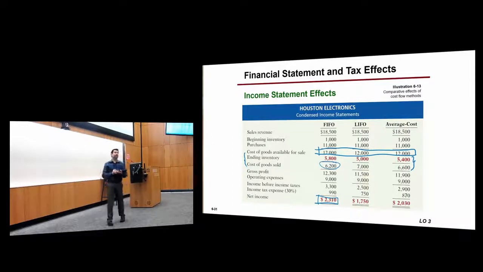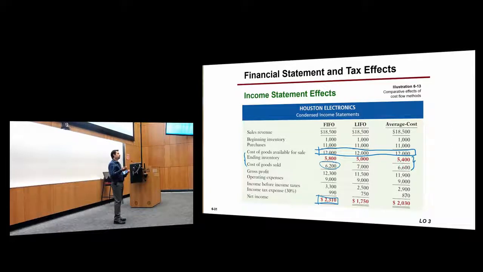This is usually the case when, basically, FIFO would always give the highest net income in periods where we have inflation, when the prices are going up, because you will be including in the cost of goods sold the earliest purchases, first in, first out. The earliest purchases will be cheaper.